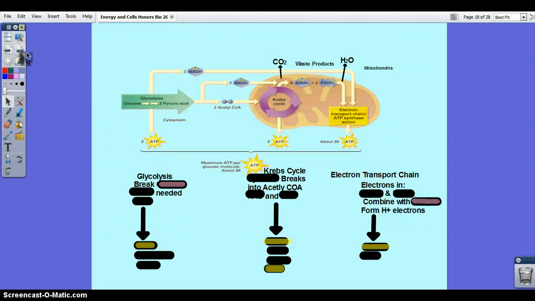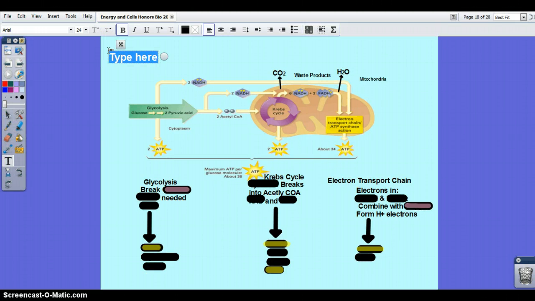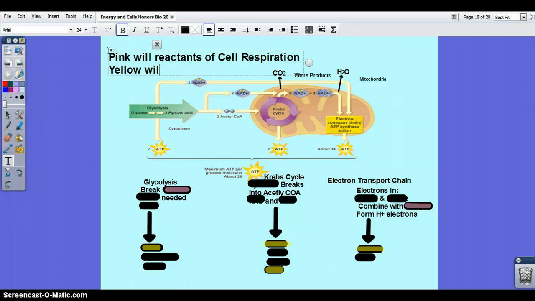Here's an overview of the full process. Glycolysis, Krebs, and electron transport chain. So the full process of cellular respiration. Anything that's pink will be the reactants of cellular respiration. Anything that's yellow will be the products of cellular respiration.